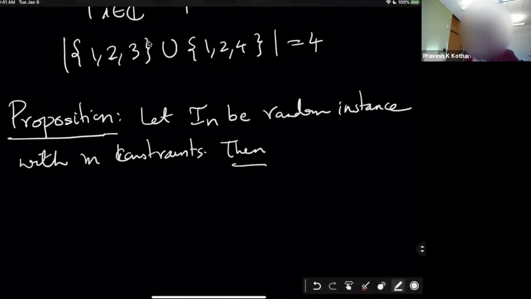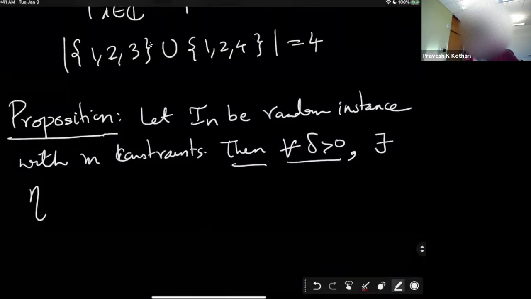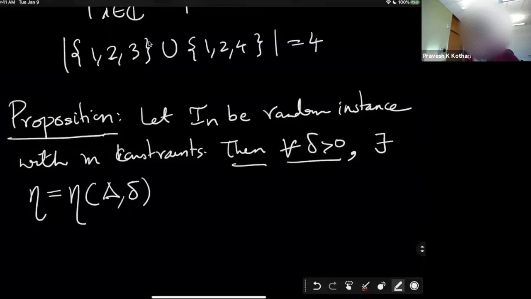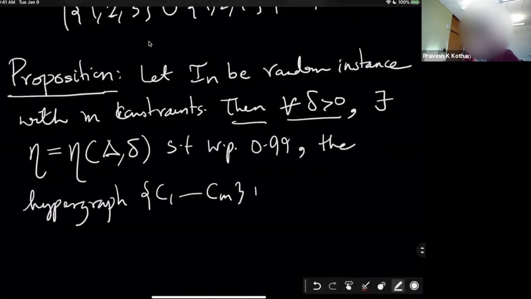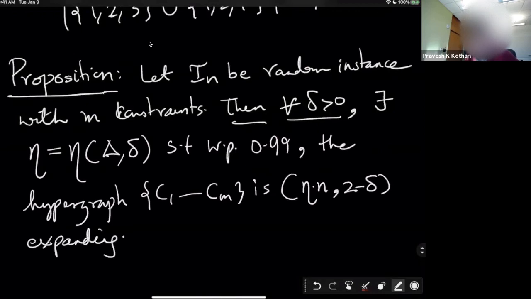Then for any fixed constant delta bigger than 0, there exists an eta, which depends on delta, such that with probability at least 0.99, the hypergraph is (eta n, 2 minus delta)-expanding.